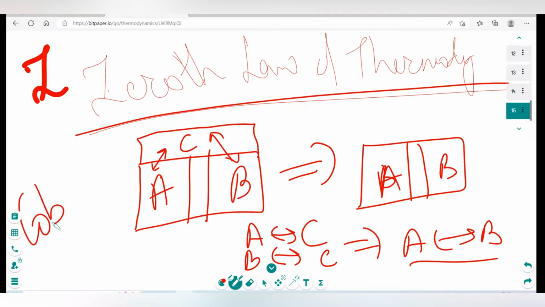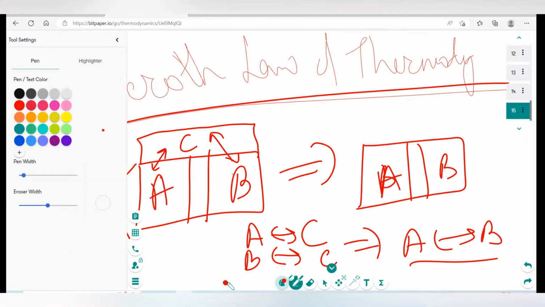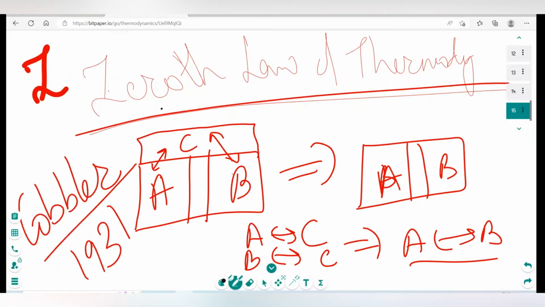Okay. So that is none other than Mr. Cobbler in the year 1931. Just for the information, if you get 1 mark questions or answers, you should do that. So basically, the significance of this zeroth law of thermodynamics is that there should be a physical quantity which should have the same value when two systems are in equilibrium.